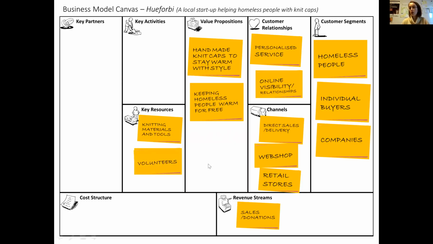We need volunteers to help us knit more caps. But of course, other facilities, one place, can also be integrated in this model, but this might need other amendments in other blocks. So, thinking about our simple case, we will be only focusing on providing knit caps for free. But thank you very much, they are very good ideas, I think.